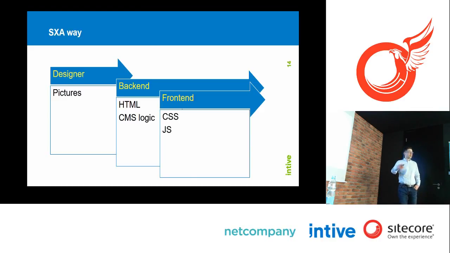So we start creating components, export them, pass them to the frontend. They can play with CSS. They can't change the HTML, so they don't block backend work. Also, we can pass the ugly version of the website to the authors, so they can start entering content. Everything goes in parallel.